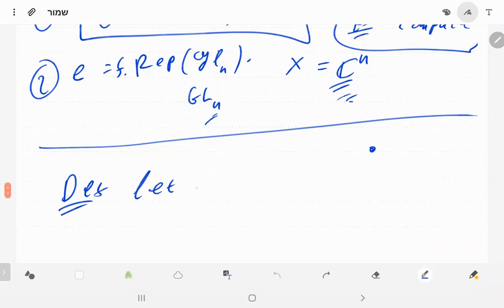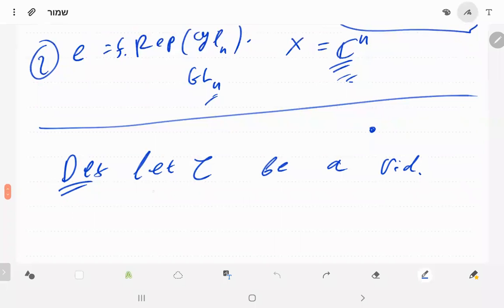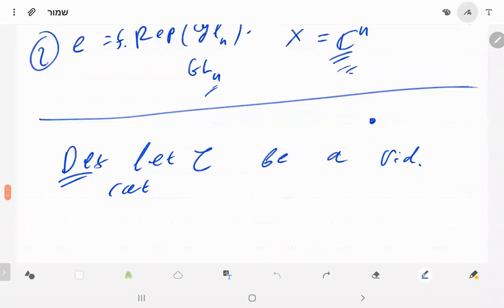Let C be a rigid braided whatever category. Let x in C and phi from x to x.